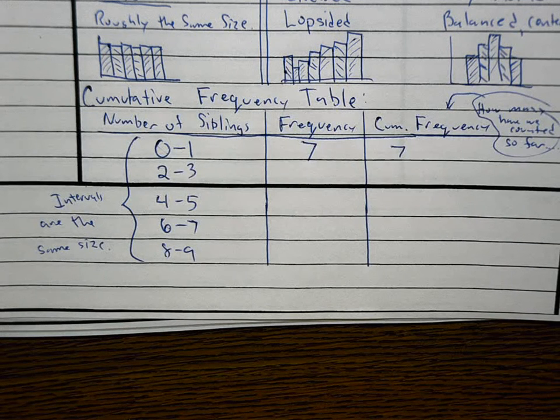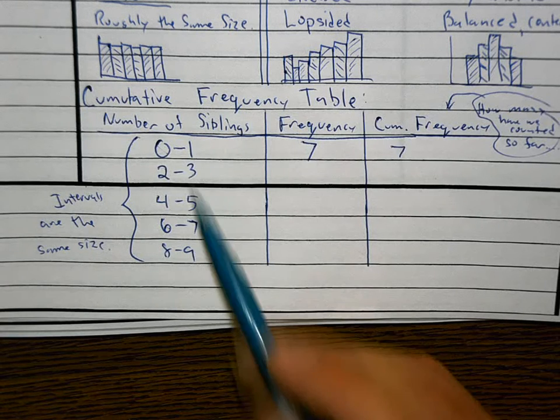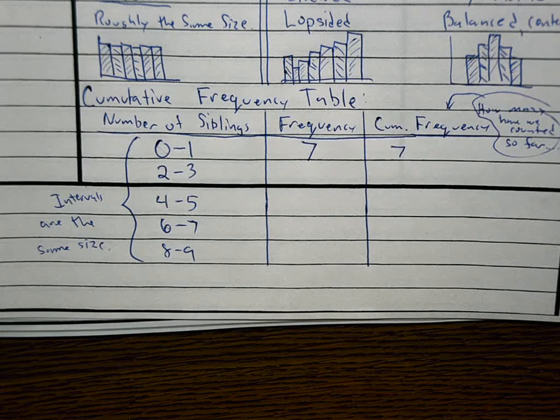Now 2 to 3 siblings. You have either 2 or 3 siblings. Let's count. 1, 2, 3, 4, 5, 6, 7, 8, 9, 10, 11, 12, 13, 14, 15, 16, 17, 18, 19, 20, 21, 22, 23, 24, 25. Woo! That's a big category right there. 25.